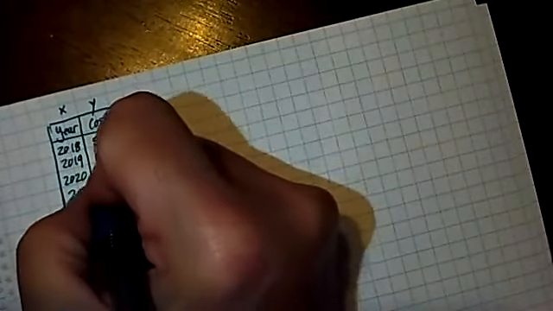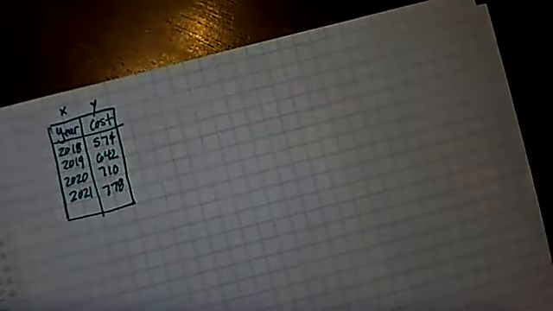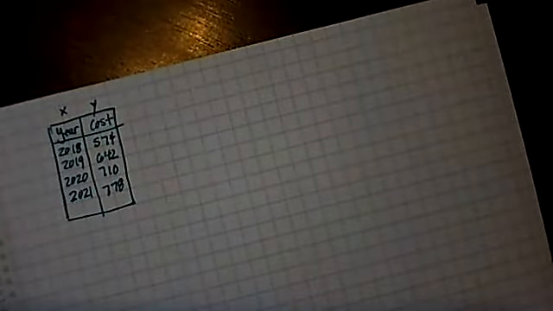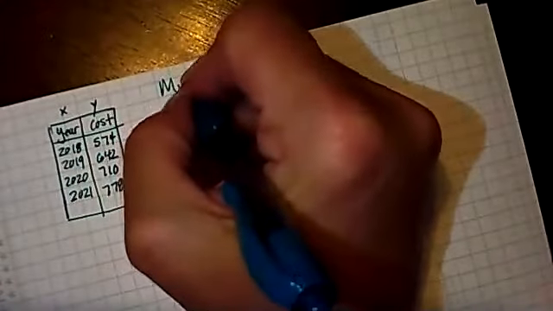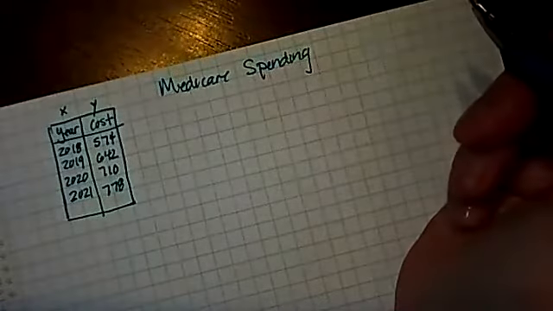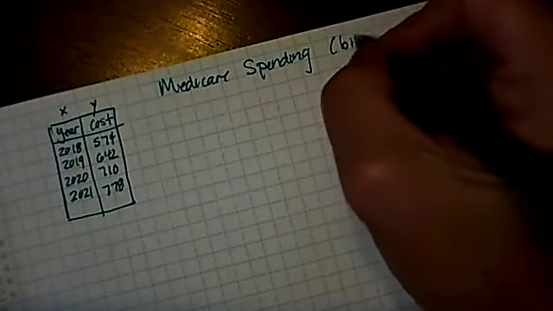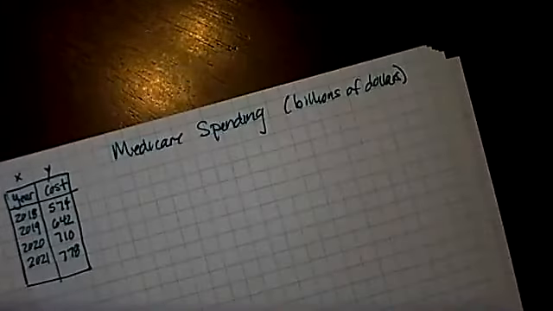And then here's the cost. All right, so let's start with this. So here's what the question says. So these are projections for Medicare spending in billions of dollars. So that's what this table means.